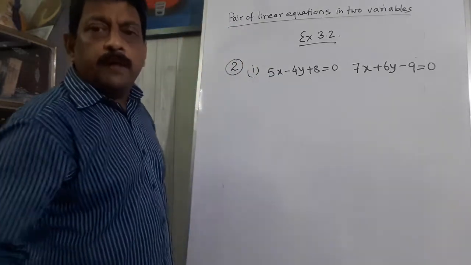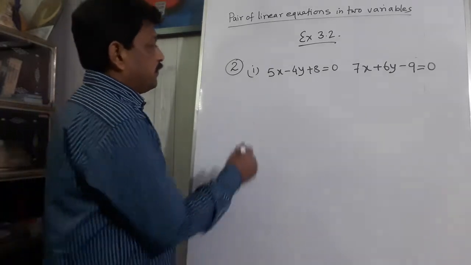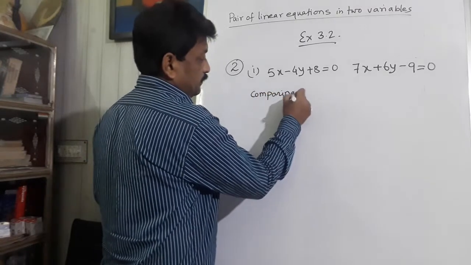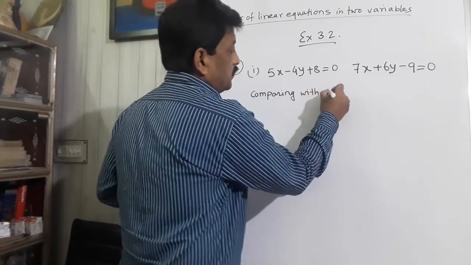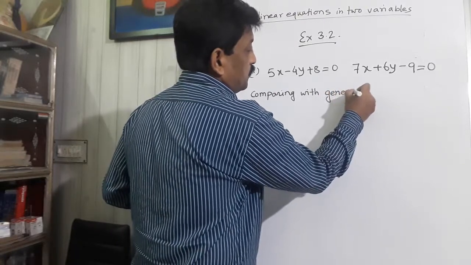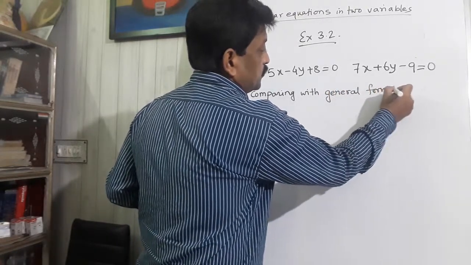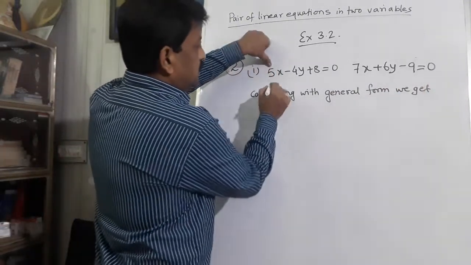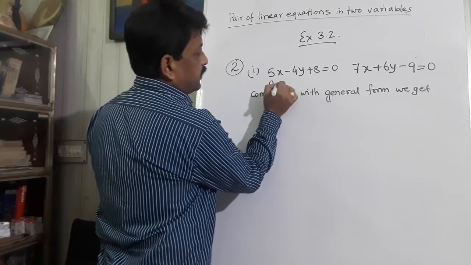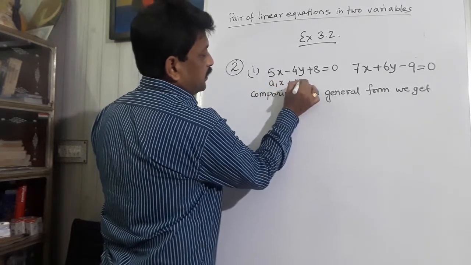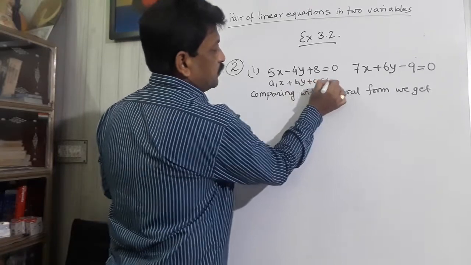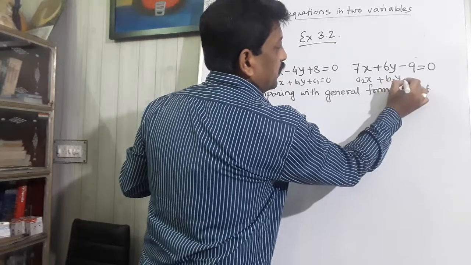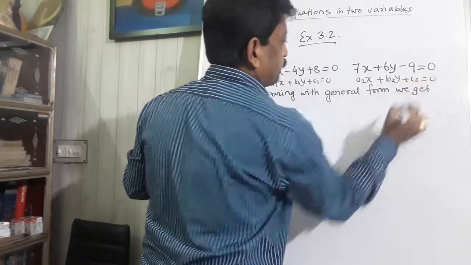First of all, we have to compare with the general form. So comparing with general form, we get what is a1. So let me write the general form here: a1x plus b1y plus c1 equals to 0 and a2x plus b2y plus c2 equals to 0.